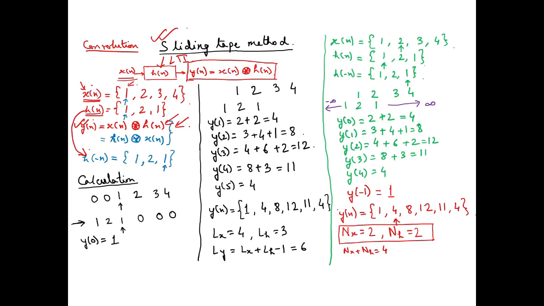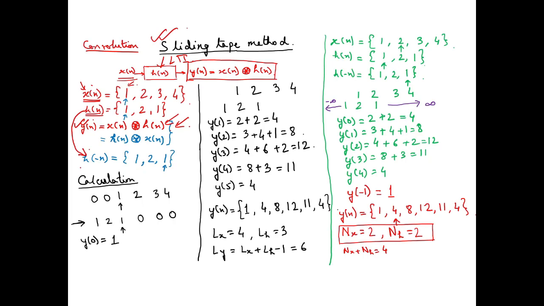Time inversion will be for x(n). So this you have to keep in mind. Time inversion applies to the signal which comes in the second position and not the first. That's why we have calculated h(-n).